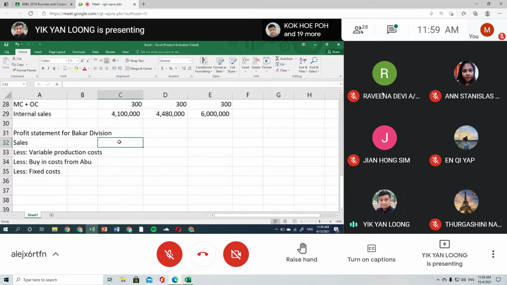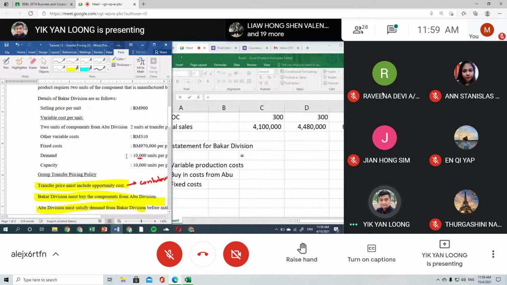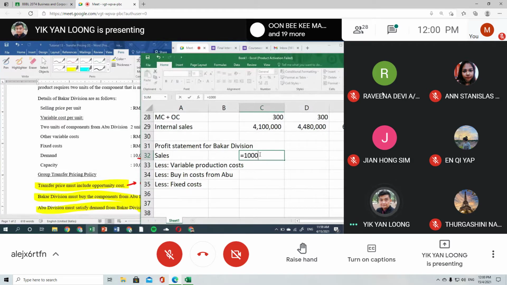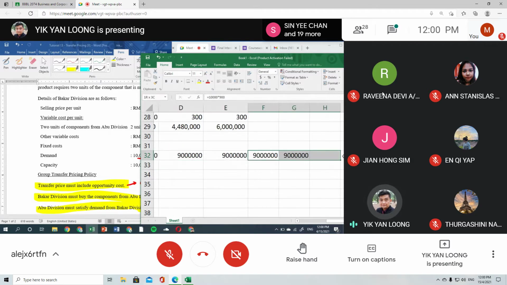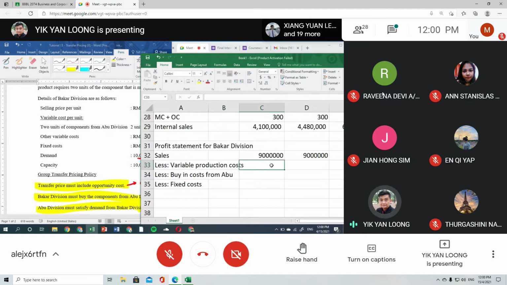Okay. Now the sales from Baka is very straightforward. It's mentioned in the question itself, right? Annual external demand is 10,000. Selling price is 900 per unit. So this will be 10,000 multiplied by 900. And variable production cost is mentioned in this question, where other variable cost is 310 per unit, and you produce a total of 10,000 units.